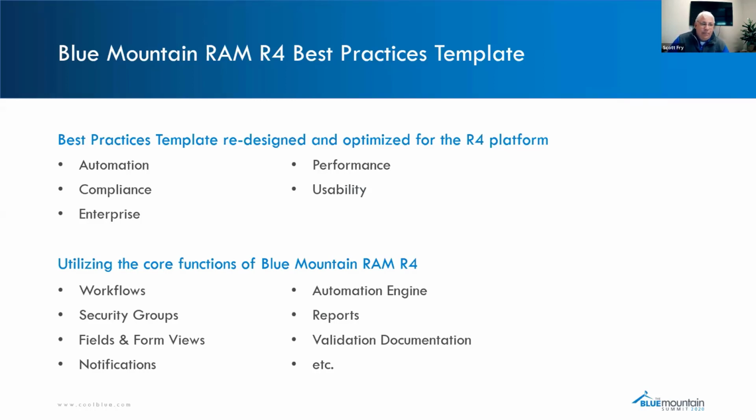So again, keeping in mind automation, compliance, enterprise, performance, and usability. Probably usability from the configuration standpoint was a huge thing that we evaluated, and I'll be talking about that a little bit later in the presentation. So really, what is the R4 best practices template?